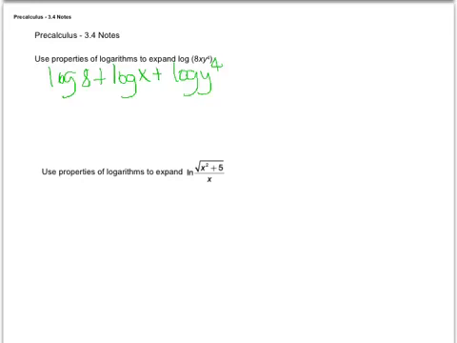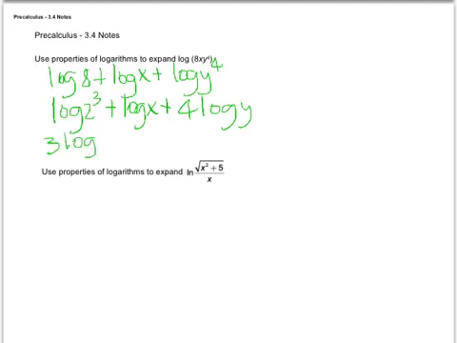And then 8 is actually 2 to the third power, so this is log of 2 to the third plus log x plus, and then there's my 4 as an exponent, so he moves into the front, 4 log y. And then my very last step is just going to take that 3 on that first guy and put him in front. So it's going to be 3 log 2 plus log x plus 4 log y.